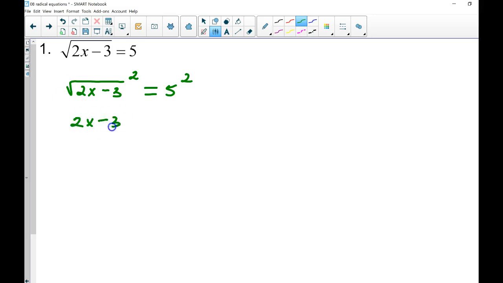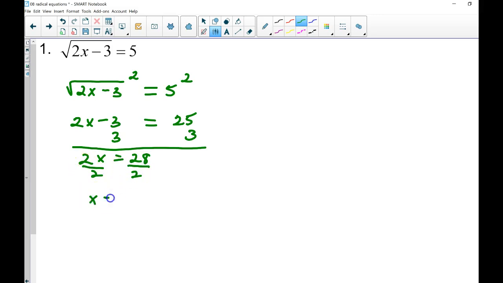When we do that, the radicand comes out, and 5 squared is 25. This is a linear equation, so I'm going to add 3 to both sides of the equation. We get 2x is equal to 28. We divide both sides by 2, and our final solution is 14.